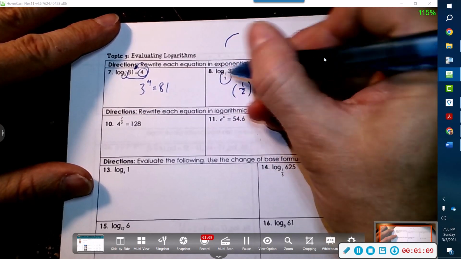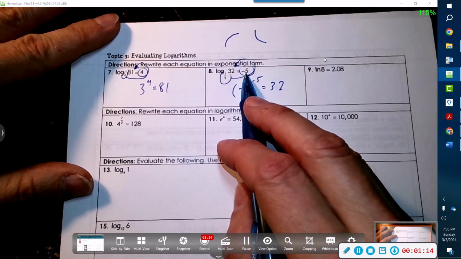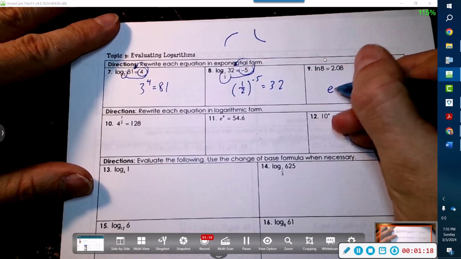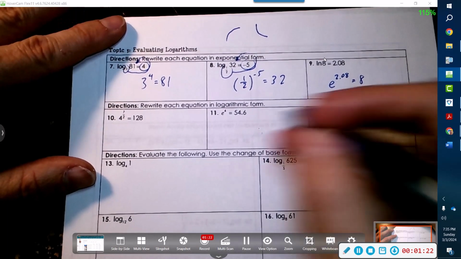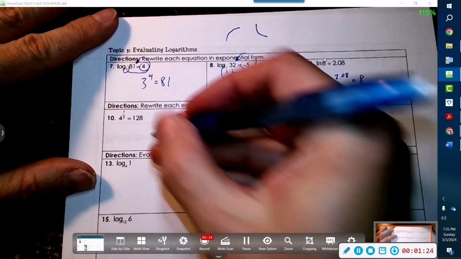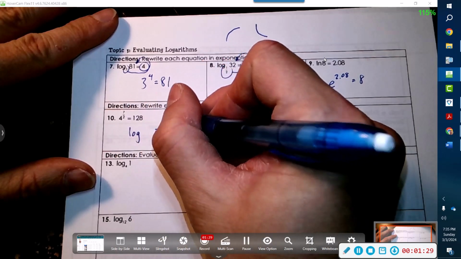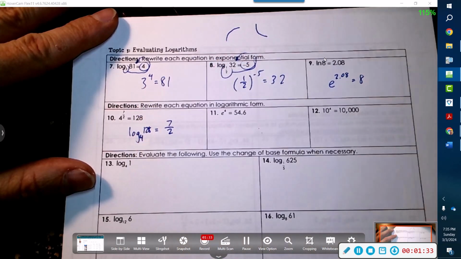The loop again, I see a fraction, and so a fraction to the negative power would become not a fraction. So there's 32. This would be e to the 2.08 equals 8. All right, this right here, we're going to go the other way around so that the log base equals the exponent base 4, and that's got to equal 128.